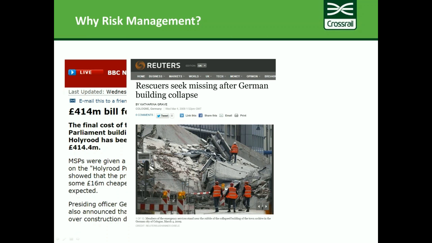That was a big story at the time, and a big impact to the city. I think it was a €400 million impact to the city as an insurance claim, and obviously it affected the project that was delivering. So that was a significant event that happened around the time we were setting up Crossrail, and it really focused our minds in terms of managing risk.